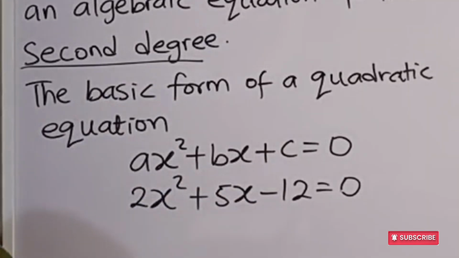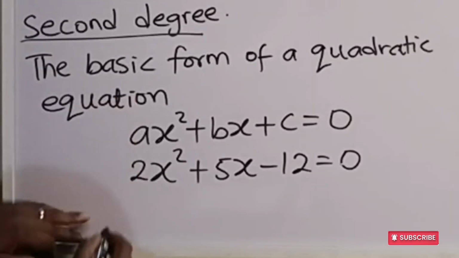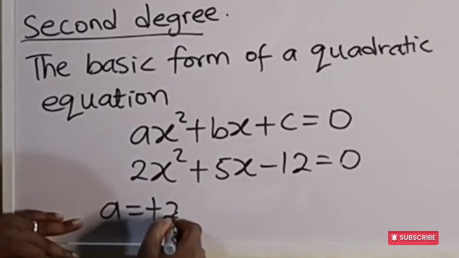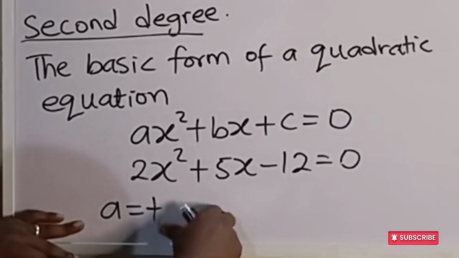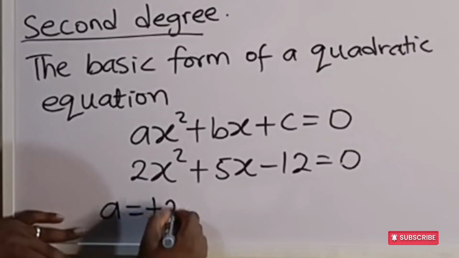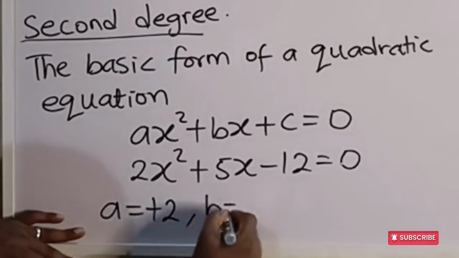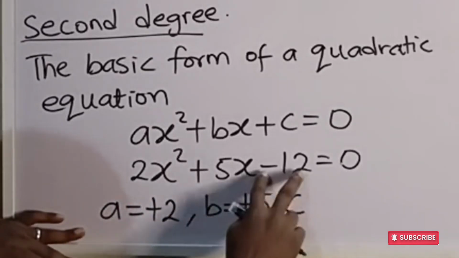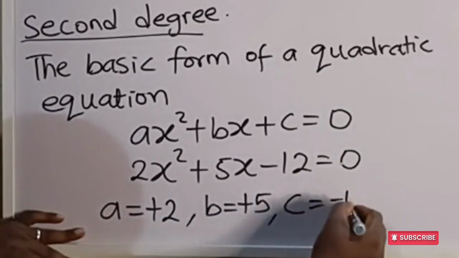So whenever you are given a quadratic equation, the first thing you need to identify is the value of a, the value of b, and the value of c. So from this equation, a is equal to plus 2, b is equal to plus 5, and c is equal to minus 12.